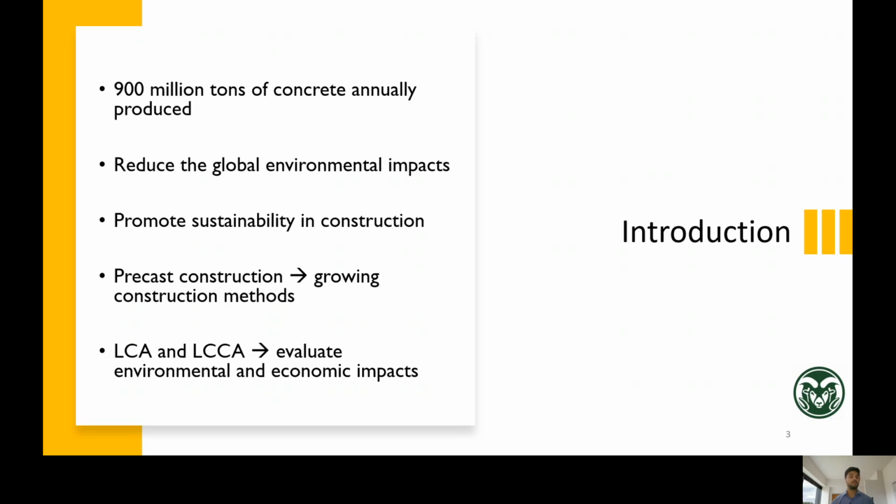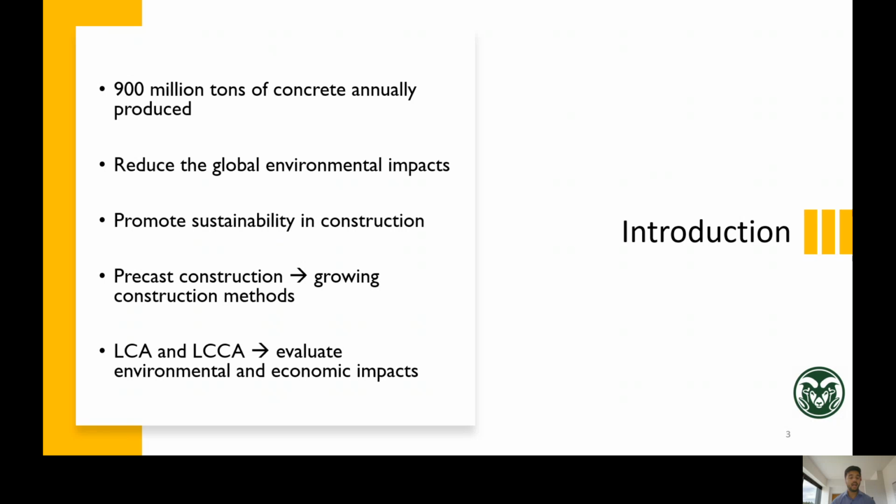The traditional construction method, cast-in-place, has adverse environmental and economic impacts due to on-site activities such as mixing, curing, and installing. In the meantime, precast construction gives lesser environmental and economic impacts, but they still have considerable impacts throughout the life cycle of a project during the installation and operation phase.